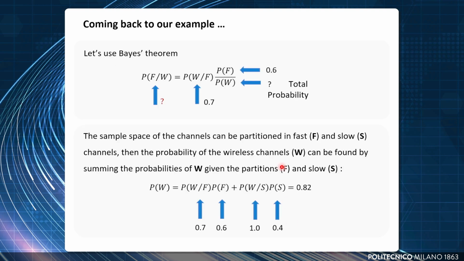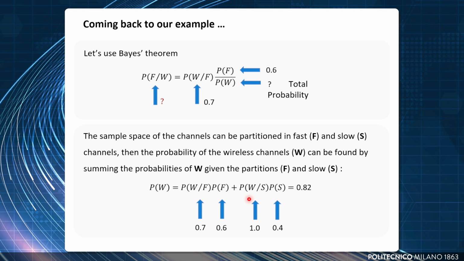Coming back to our example, we compute the probability to get a wireless channel by exploiting the total probability theorem, dividing our space into fast channels and slow channels. All the numbers that appear in the formula are known from the problem. The probability to get a wireless channel given a fast channel is 0.7, the probability of a fast channel is 0.6, as seen before.